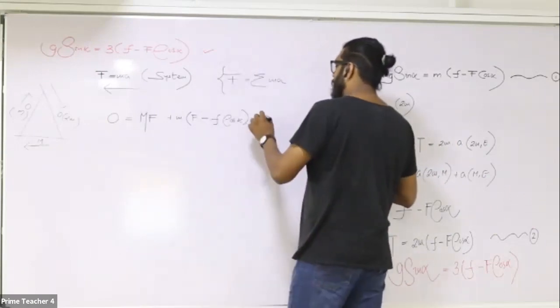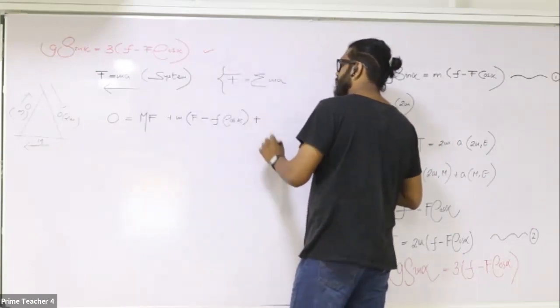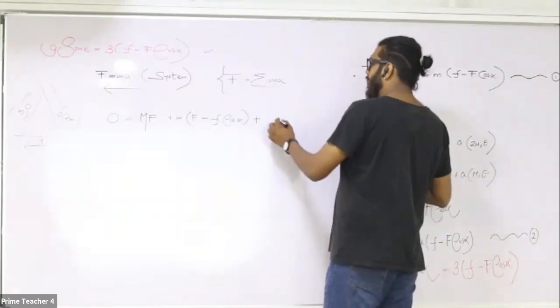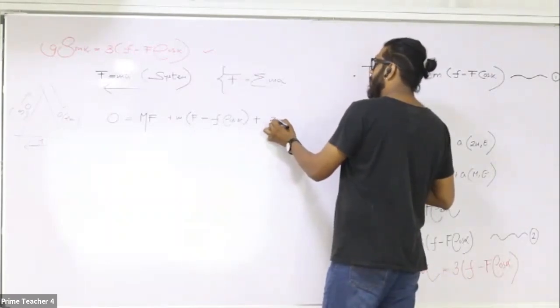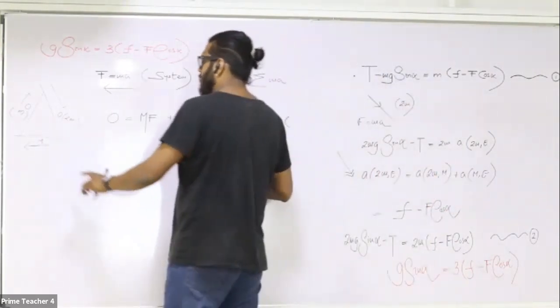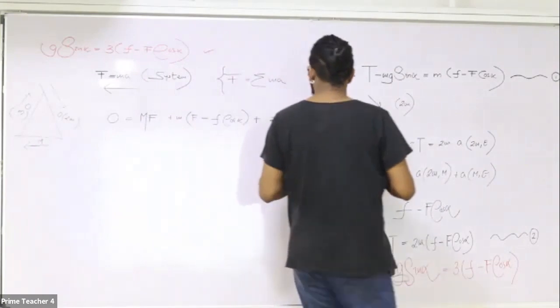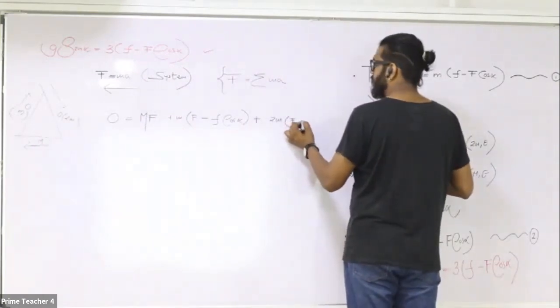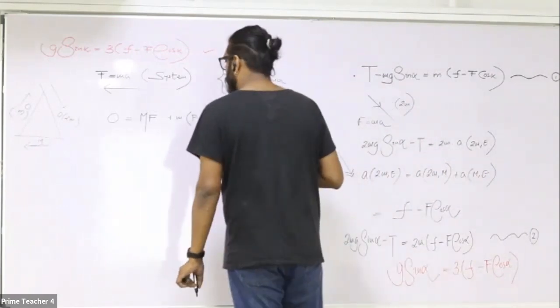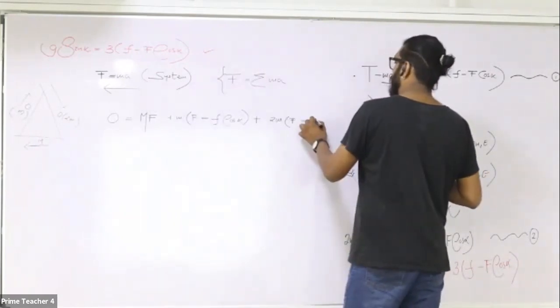Not only that, there's another particle. So we have 2m times, in this direction, you already have capital F, and then minus F cos.